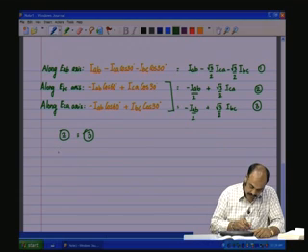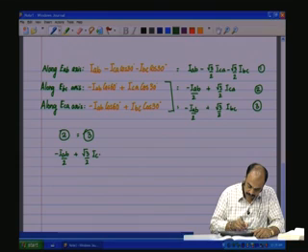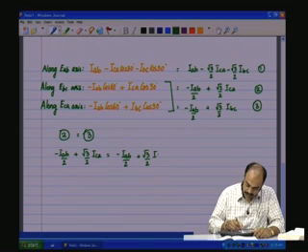So, this means we have minus I_AB by 2 plus root 3 by 2 I_CA should be equal to minus I_AB by 2 plus root 3 by 2 I_BC.